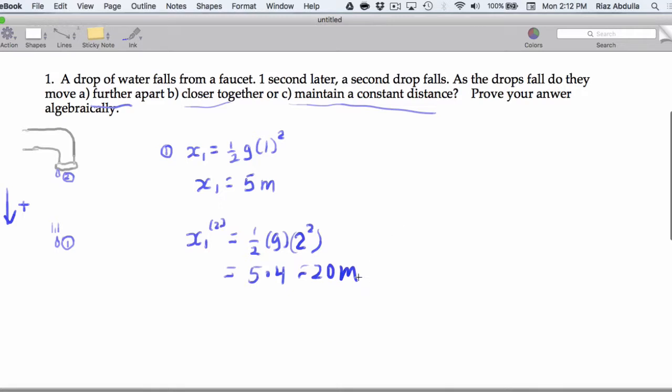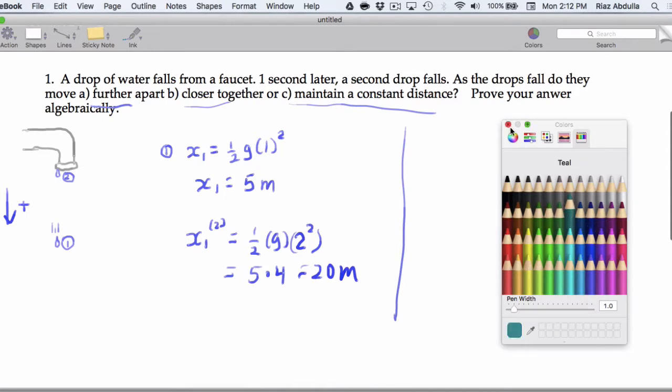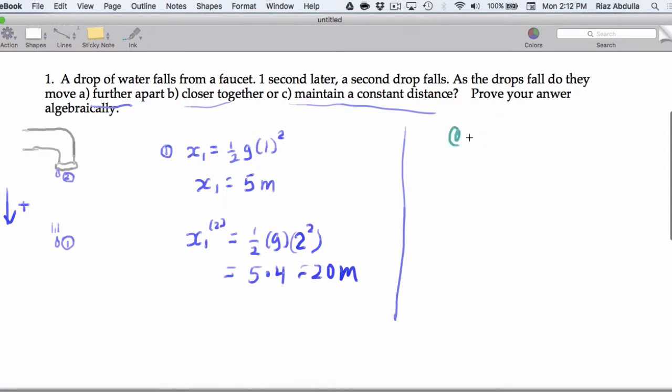So now let's do a little comparison. At t equals 1 second, drop 1 is at 5 meters, and drop 2 is at 0 meters.